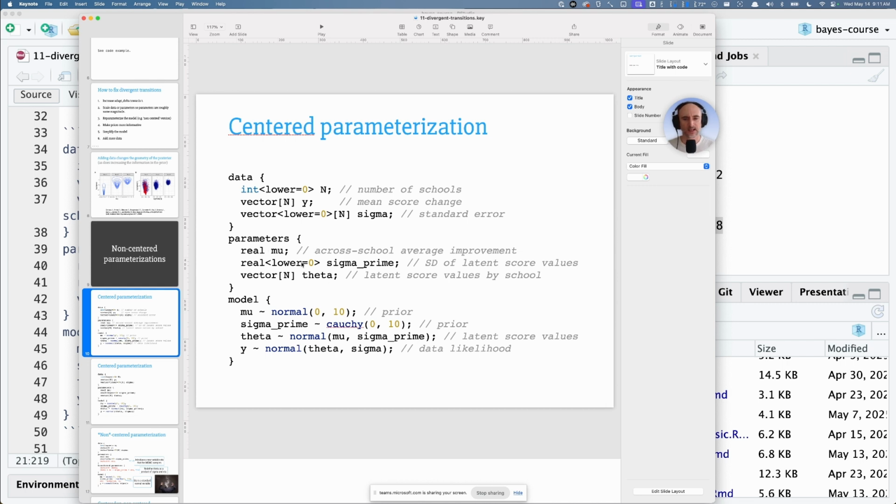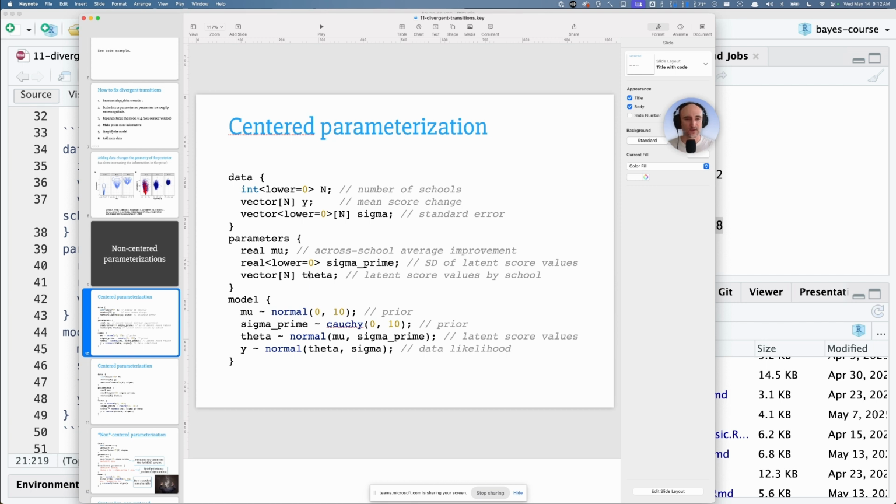In terms of what we want to estimate, we have an overall across school average improvement. This is our main parameter of interest. We have sigma prime, as it's called here. So that's the standard deviation of those underlying random effects or latent underlying true score values.